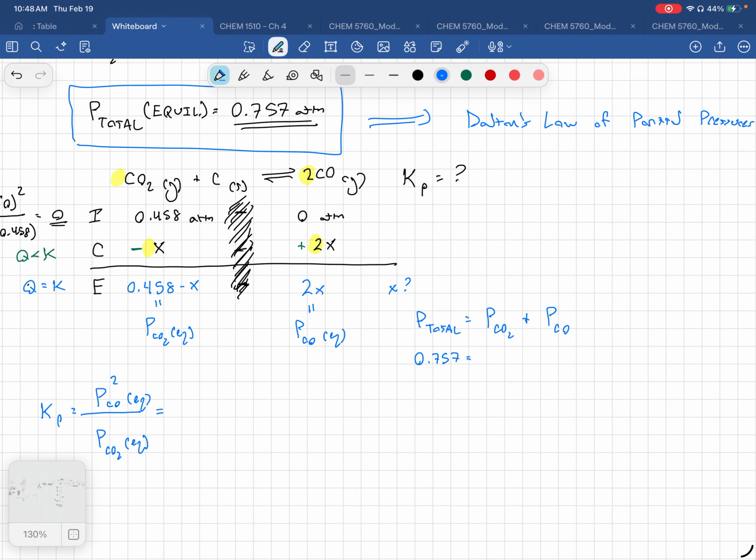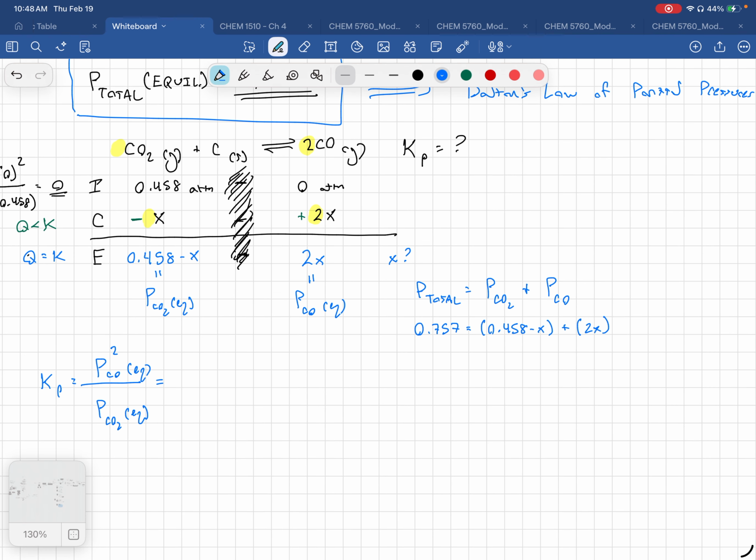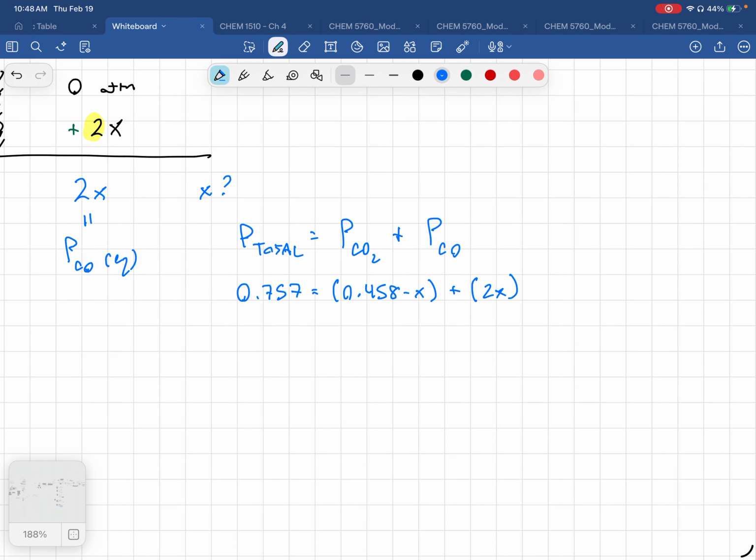We know that the pressure of CO2 is 0.458 minus X, plus we know the pressure of the CO at equilibrium is 2X. Okay? So we end up with the following problem that allows us to evaluate for X.